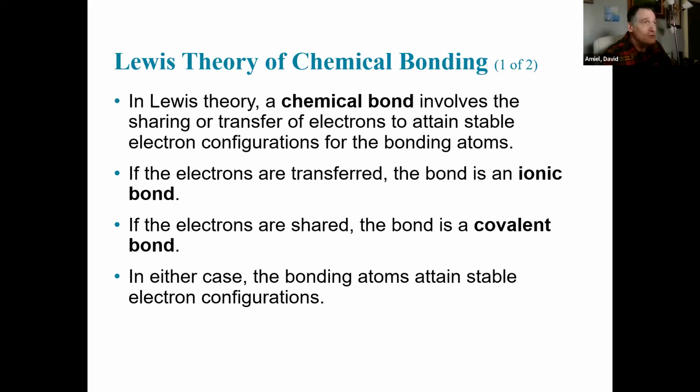Okay. Lewis theory has 2 types of chemical bonds. One, the electrons are transferred. That is an ionic bond. And a covalent bond is when the electrons are shared. In both cases, the atoms achieve octets and reach a stable configuration.